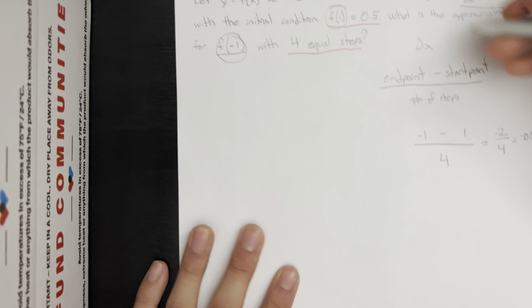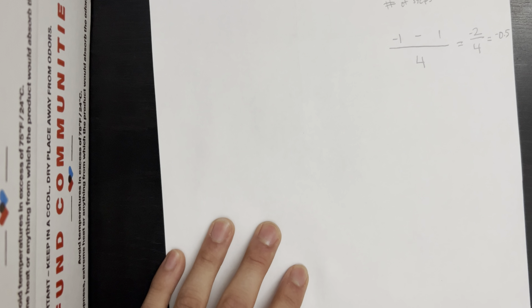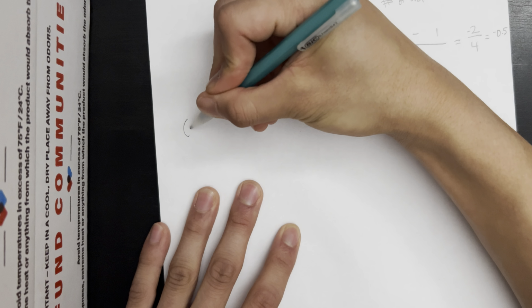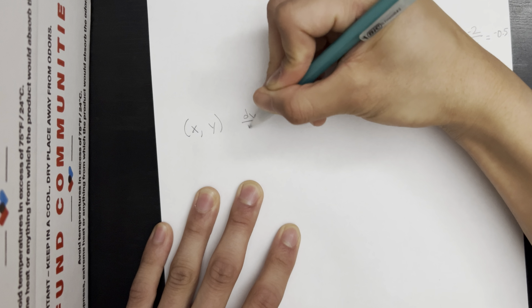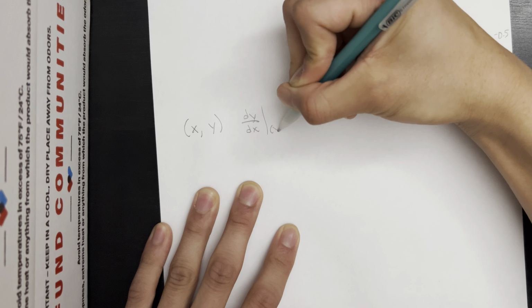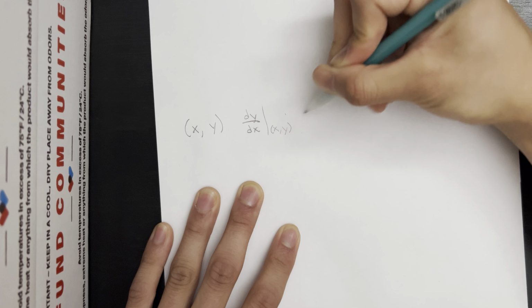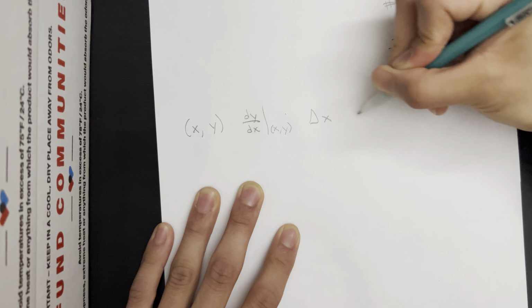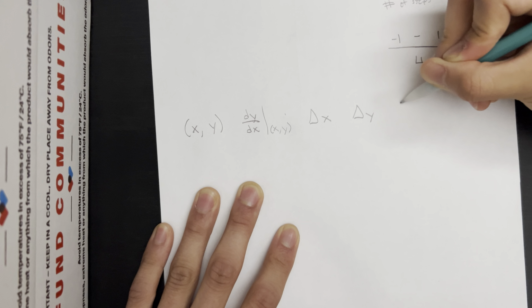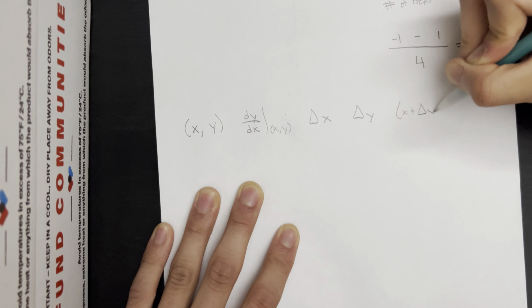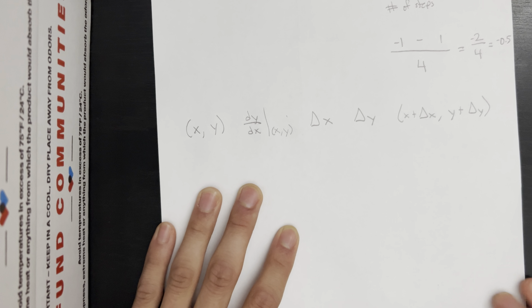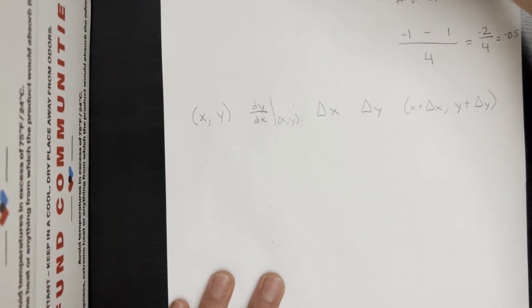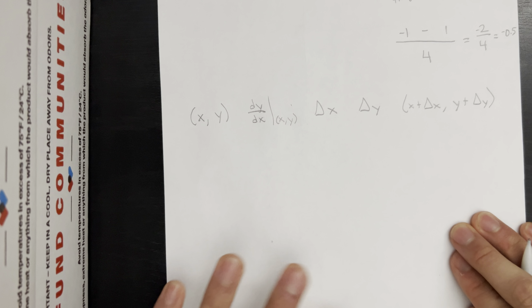So now we can already start setting up our table. Our table is going to look like x comma y, dy dx at that point, x comma y, the change in x, the change in y, x plus change in x, y plus change in y. Now we have this, and we know I have to do 4 equal steps.